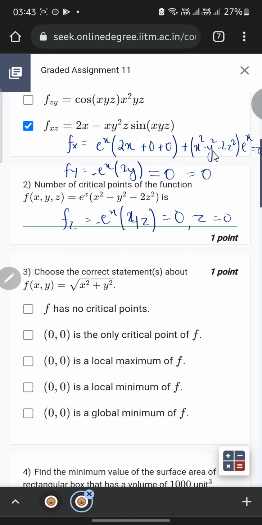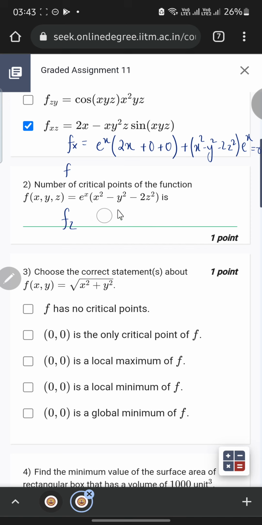So we can just put here that z is 0 in this result here, right? And from that we can say, I'll just move this because we already found out that y equals z equals 0, and now f of x is equal to e raised to power x into 2x plus x square minus y square, which would be 0, and minus 2z square, which again would be 0.